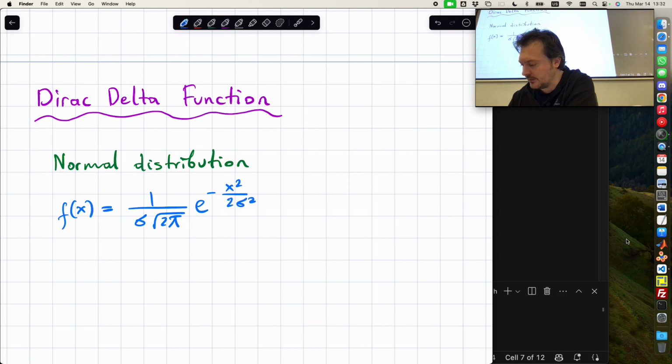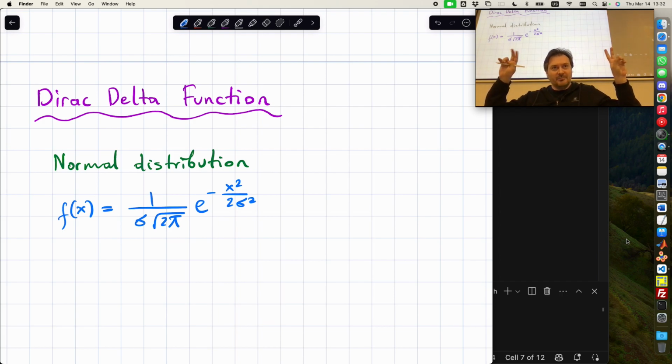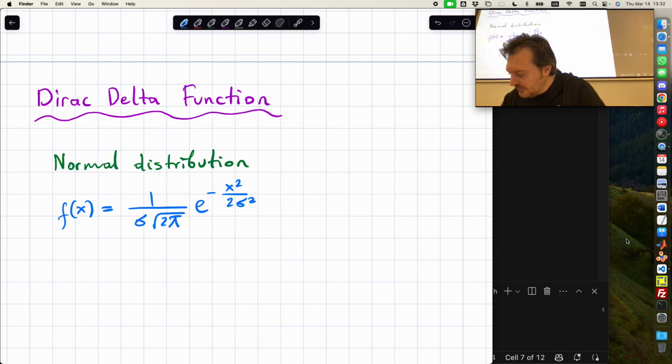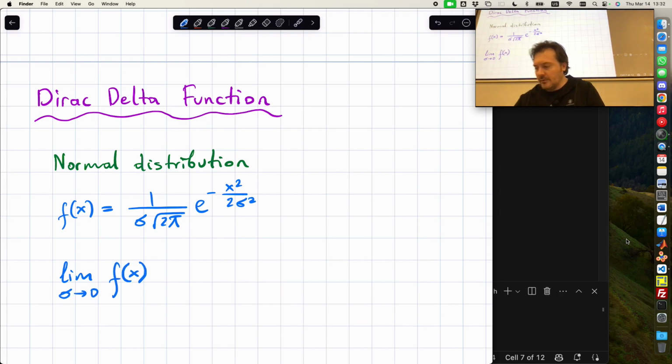What I've written is this. Do you have any question at this point? No. Now, if you take the limit of sigma going to 0 of f(x), you are basically squeezing the Gaussian function narrower and narrower.